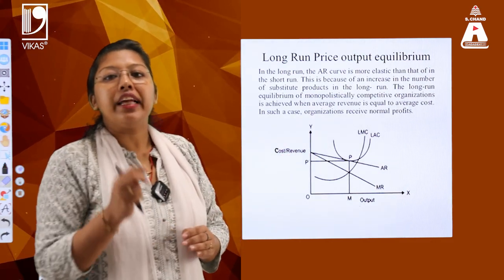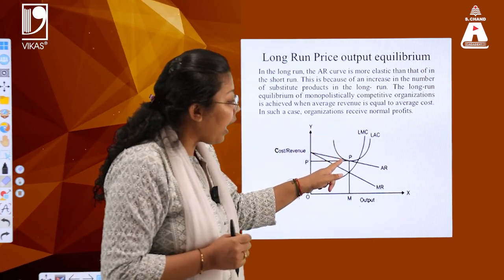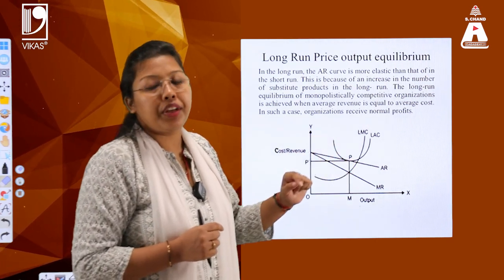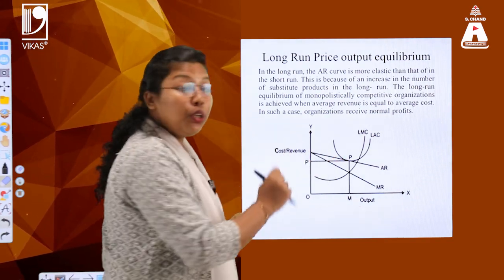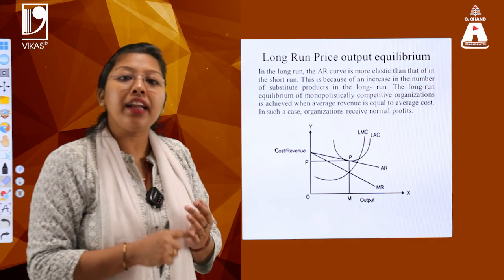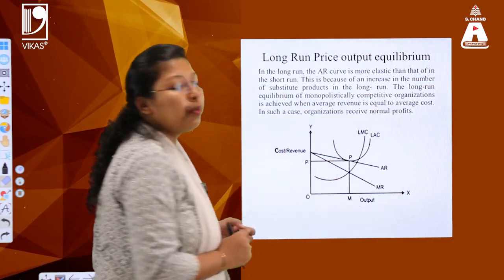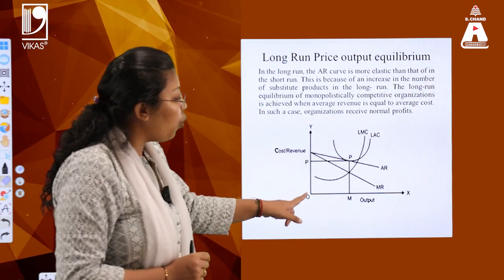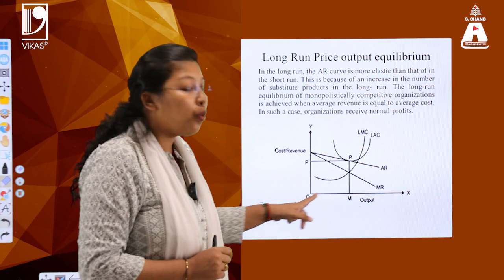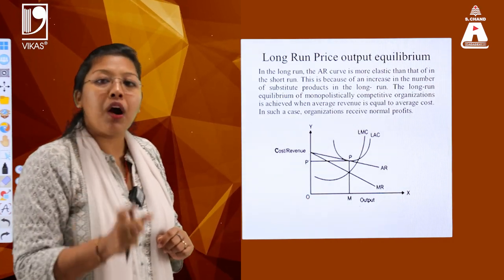Average cost here is the per unit cost, and per unit cost is actually equating average revenue. So one needs to know that when these two are equal, that is average revenue and average cost, in the long run it will be able to establish the equilibrium. So this particular price OP dash and this quantity OM are the equilibrium price and equilibrium output.